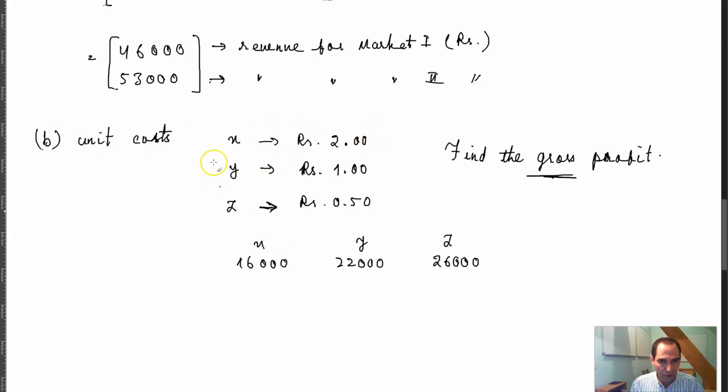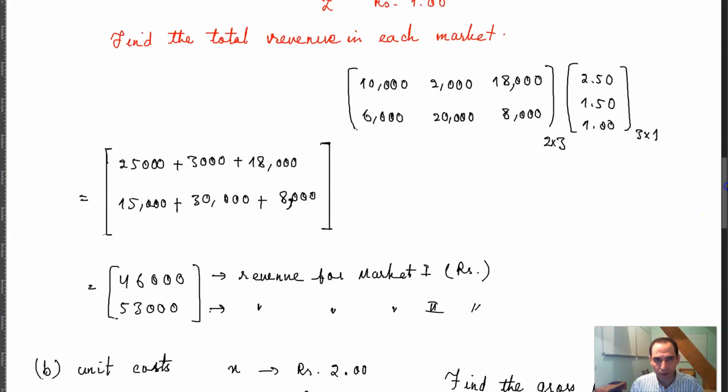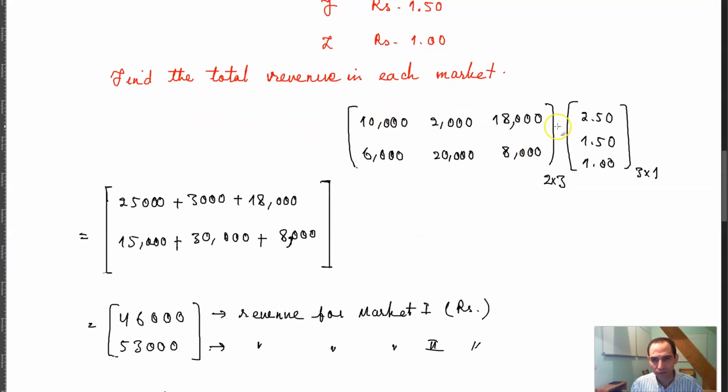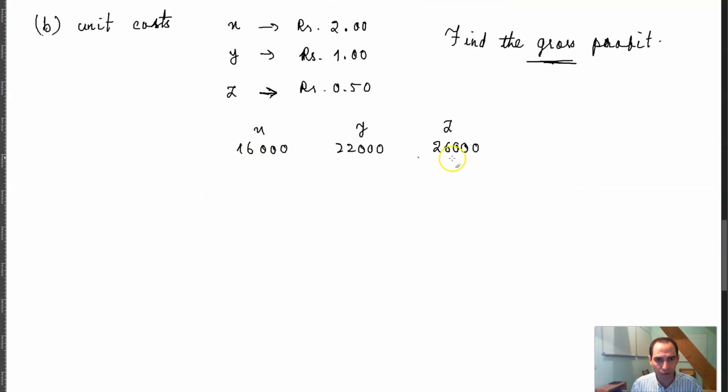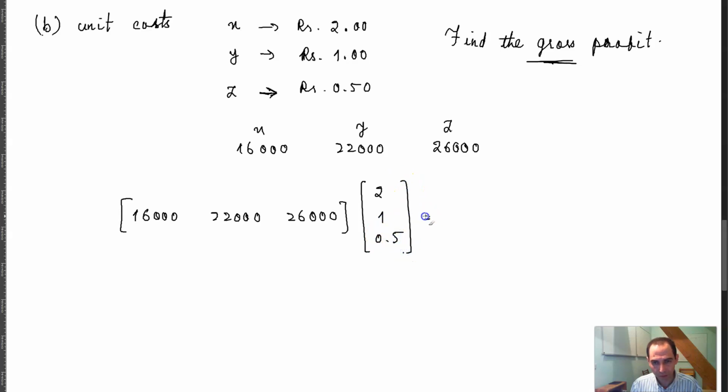And this is the unit cost for these products. So now again, if I use the same matrix, meaning a 1 by 3 matrix and a 3 by 1 matrix, and write all of these numbers of products here, 16,000, 22,000, and 26,000, and multiply it by the cost of producing each of these products, which was 2, 1, and 0.5 in rupees.